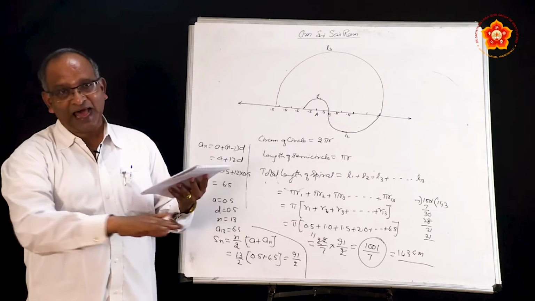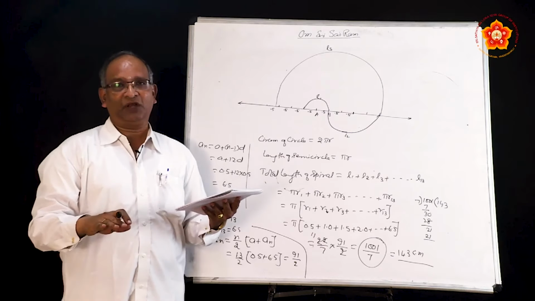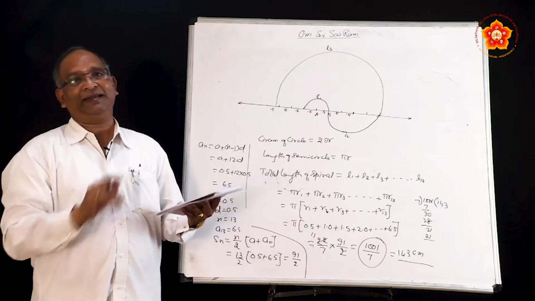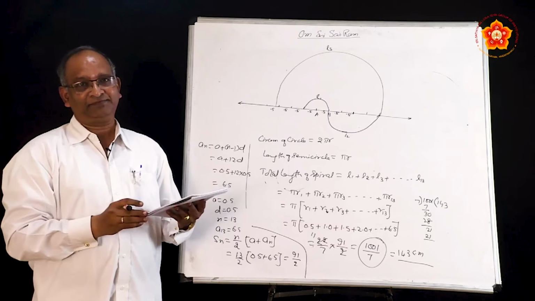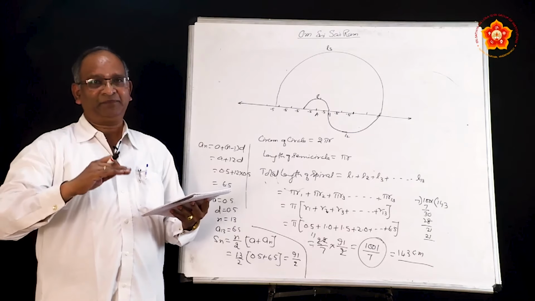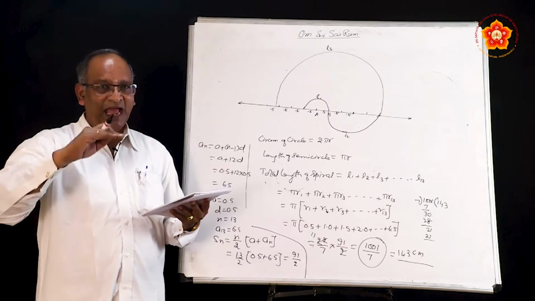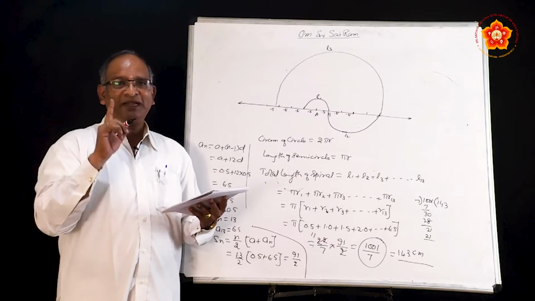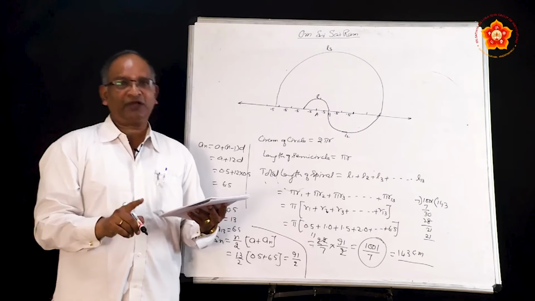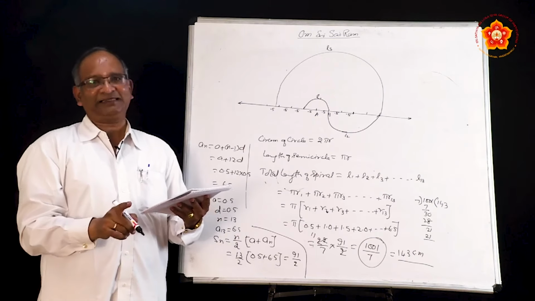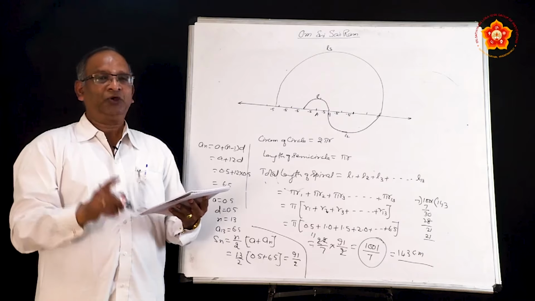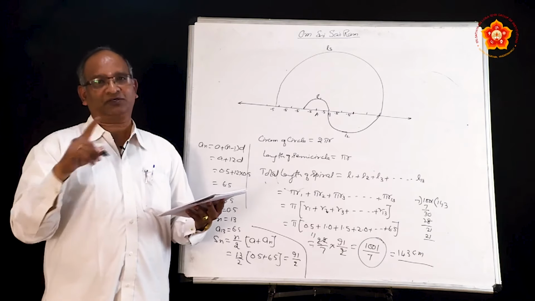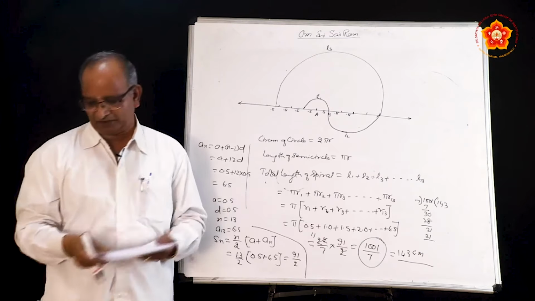We know that the last row has 20 logs, so AN is 20. The previous one is 19, the previous one is 18. So the gap between each layer is 1 only. The common difference is 1. So you know the common difference, you know the last term, and you also know the total number of logs, that is 200. So let us find out.